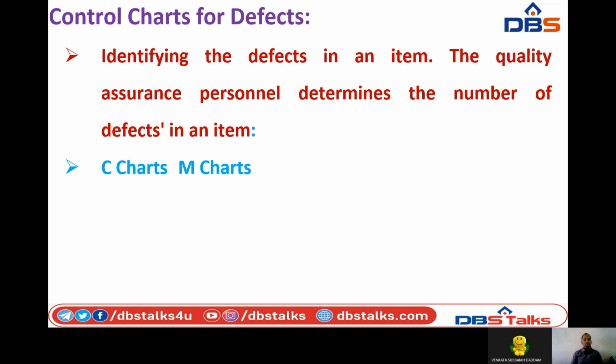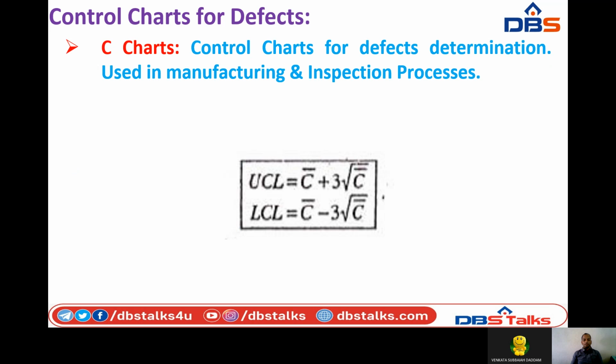Then let's go with the C chart. The C charts are control charts for determining defects, which help the firm in reducing the defects per unit. So C for control, easy to remember. C charts mean control charts to finally determine the number of defects, which helps reduce the defects per unit.